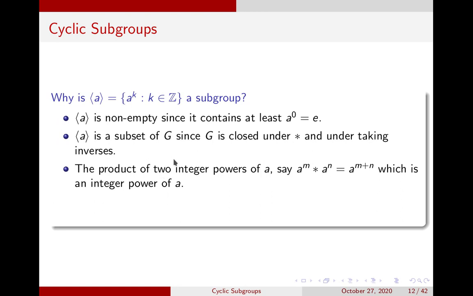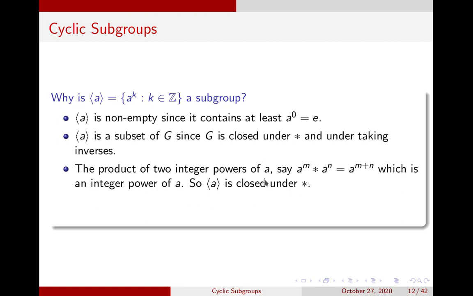As we've seen, using our rules for exponents, if you take the product of two powers of a using the group operation, a to the m star a to the n, that will be a to the m plus n, which is also an integer power of a. So this thing we've called the cyclic subgroup generated by a is closed under the operation star.